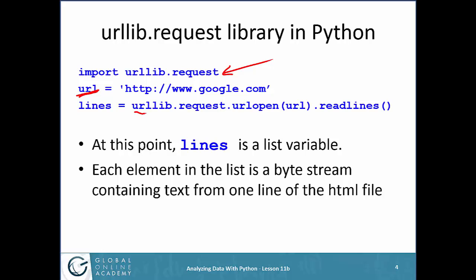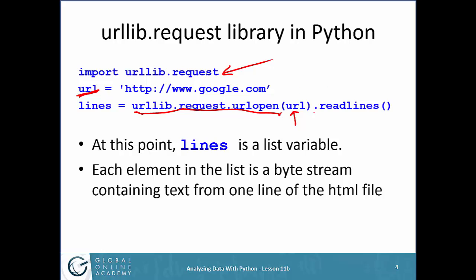If I do urllib.request.urlopen and pass it the string containing the website I want, www.google.com, or maybe you want to open up GOA.com or ESPN.com, or your own personal homepage, or Facebook, or something like that, you put that URL here in parentheses. What it returns to you is a file-like object that you can read lines from.